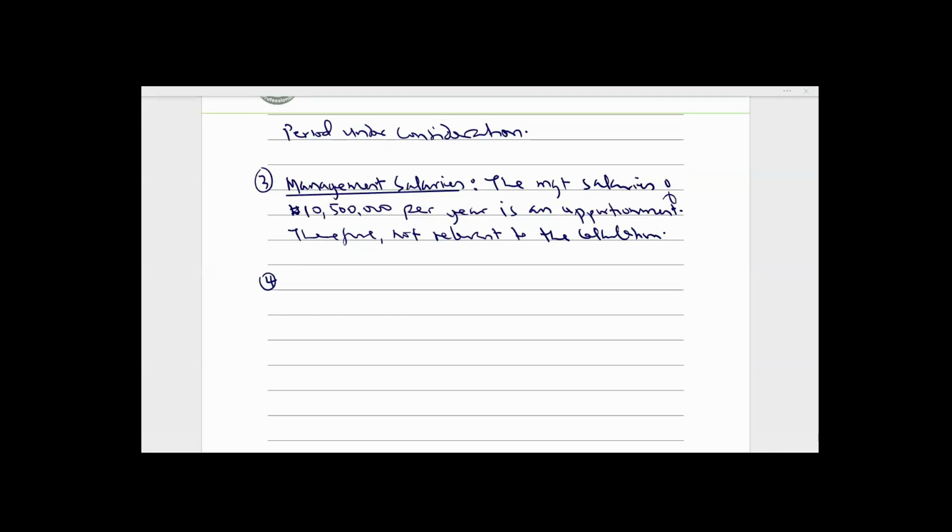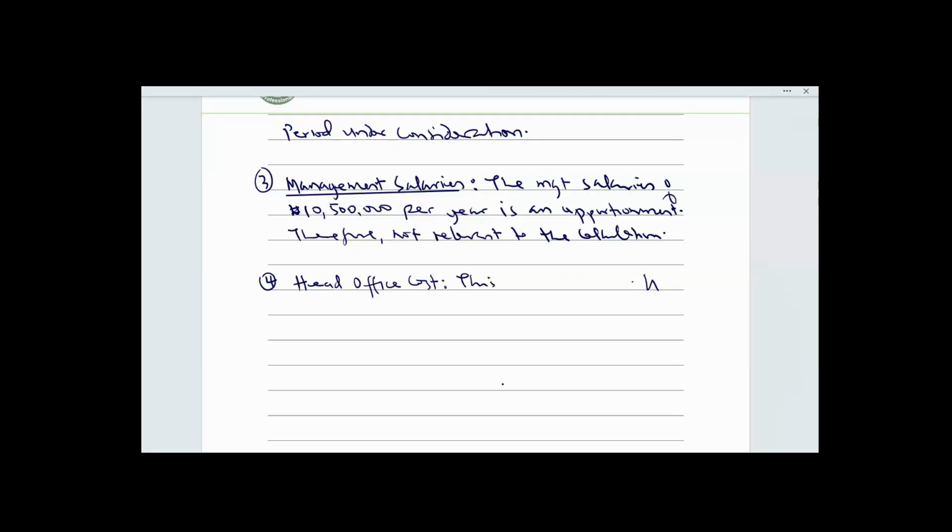So you can talk about head office costs. Head office costs.